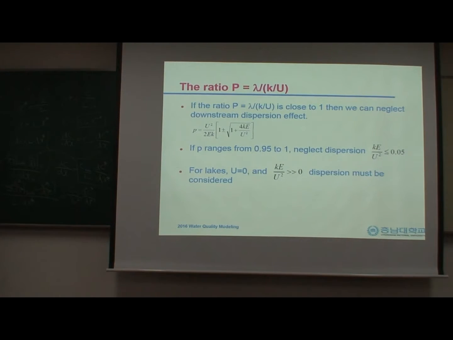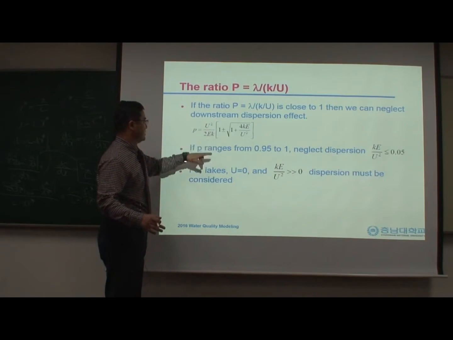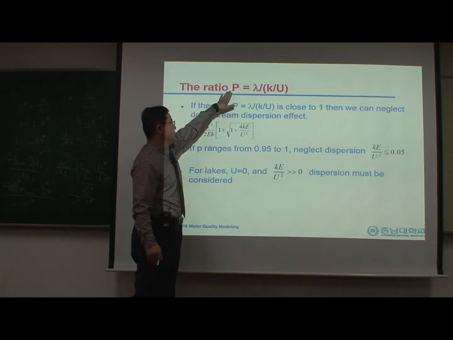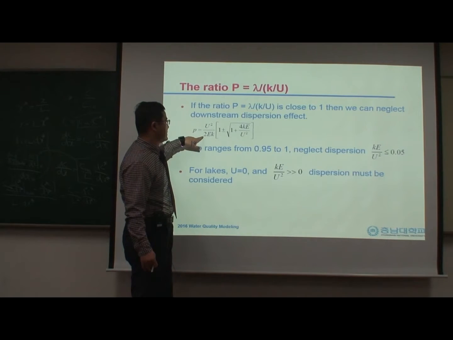So far what I have said was Ke by U, and lambda in general, lambda is the solution like that, and this P can be defined like this.